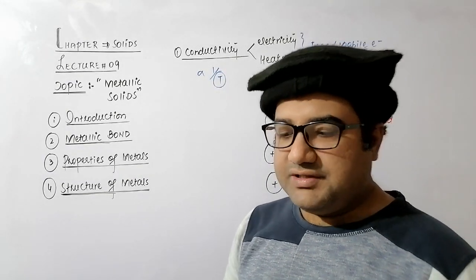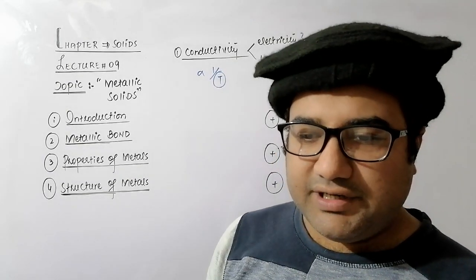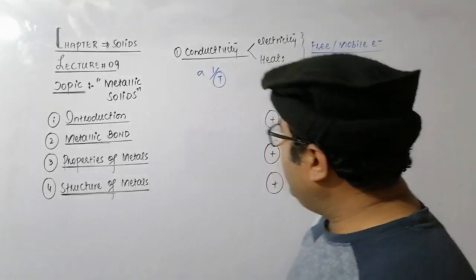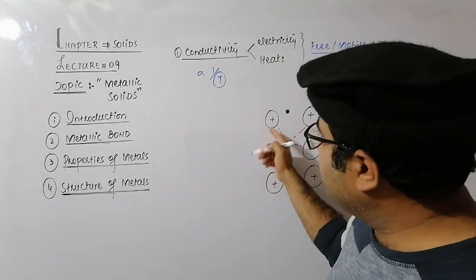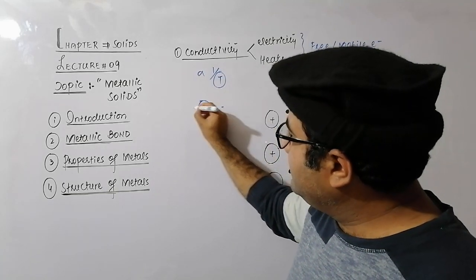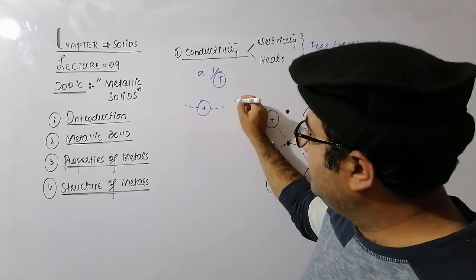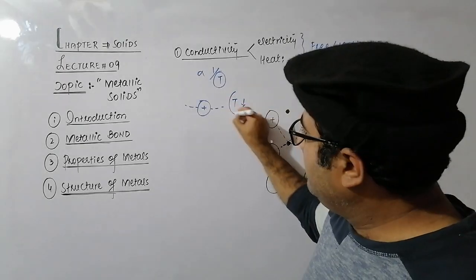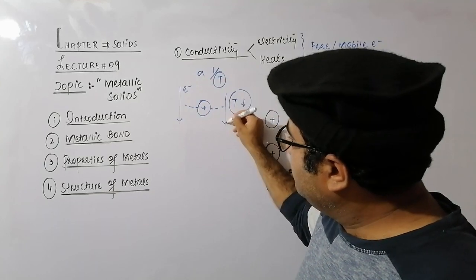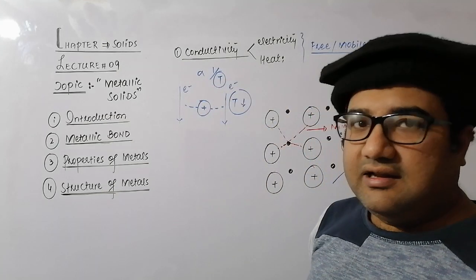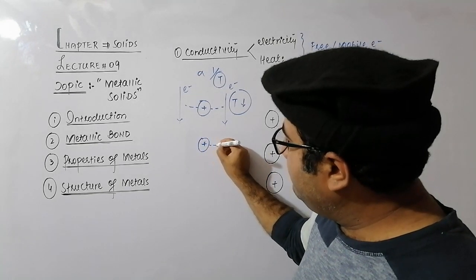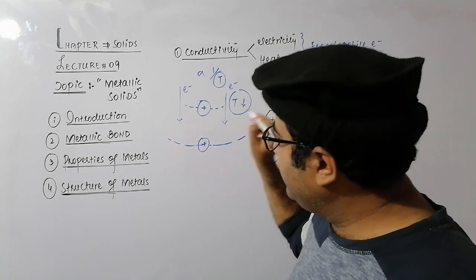Why? Because when we increase the temperature of the metal, resistance increases. Actually, the amplitude of vibration of these cations increases. Suppose at low temperature the cation is vibrating in this way. This one is at low temperature, so the electrons can easily flow from both sides like this. But when the temperature is increased, now the amplitude of vibration of this cation increases like this.